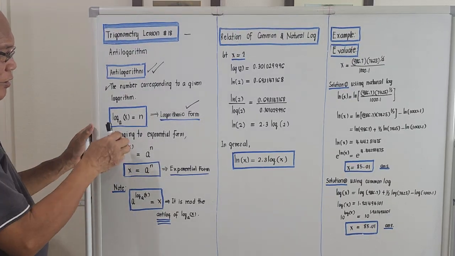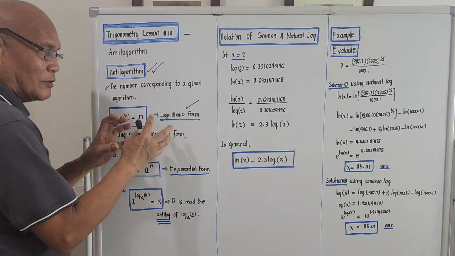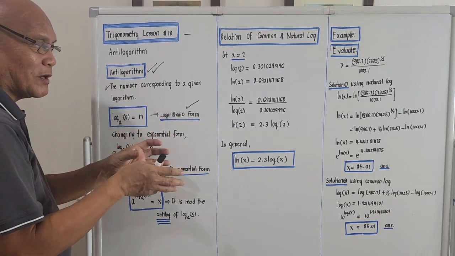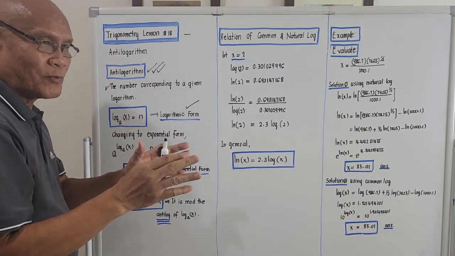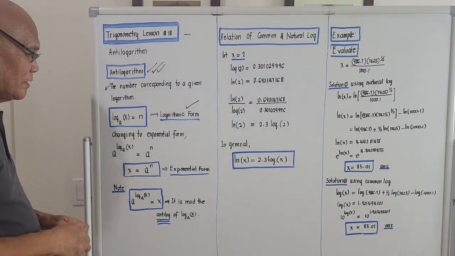So if we are given this logarithmic form and we take the exponential equivalent, that is actually the anti-logarithm. And how do we bring out the anti-logarithm? It is something like this.